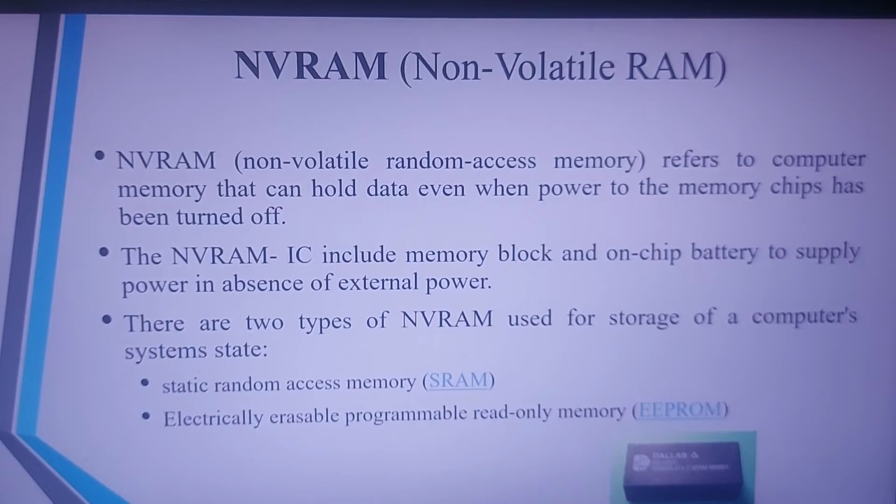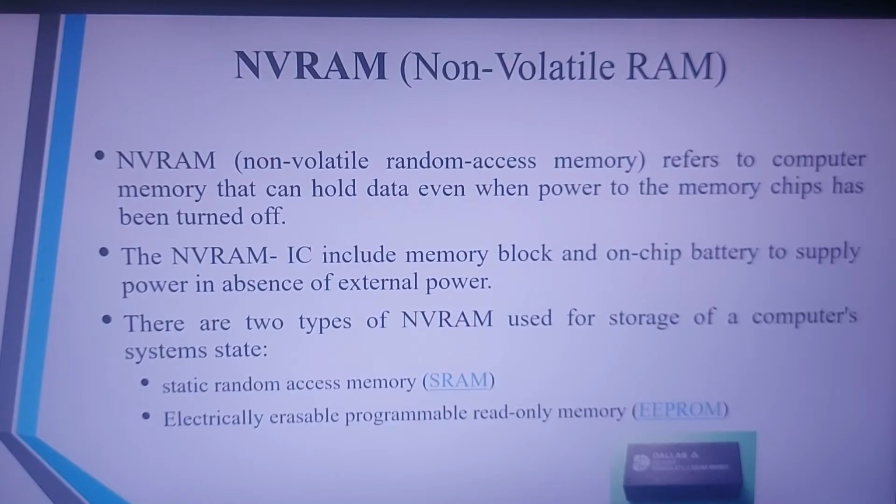How does it do that? The NVRAM ICs have an on-chip power backup. It has a small battery embedded in the IC itself. Whenever there is no external power supplied to the IC, the internal on-chip battery supplies the power for the NVRAM to retain whatever data is stored in it.